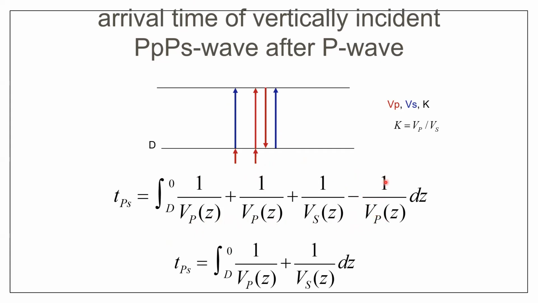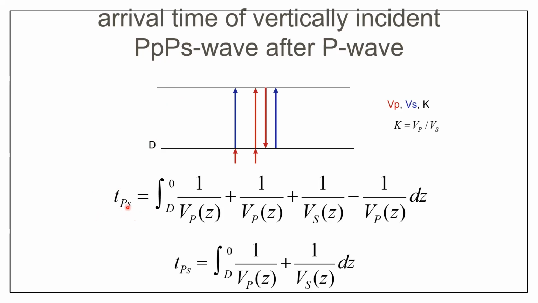So we are subtracting 1 by VP and multiplying by dz. From the depth of D to the surface, we are trying to estimate the value of the travel time of this PPPS.